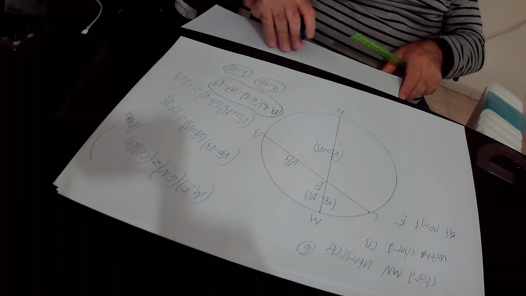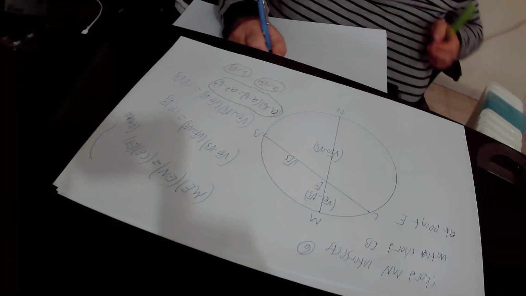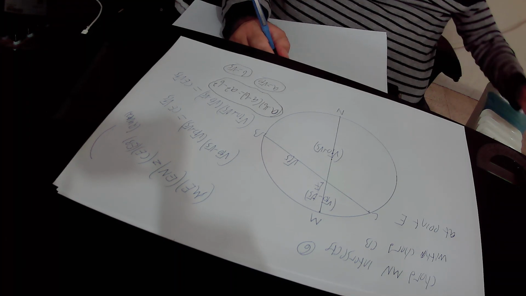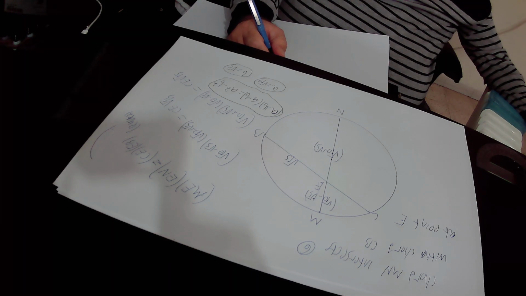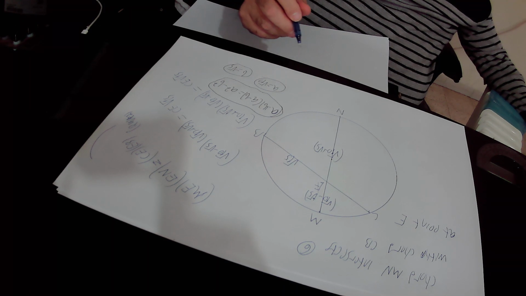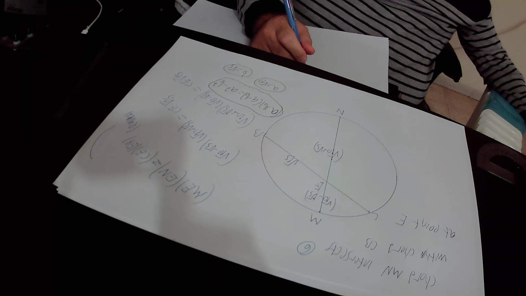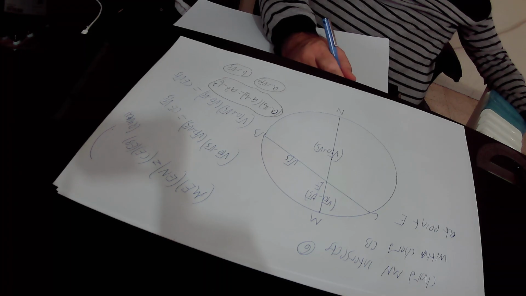Therefore, if A equals the square root of 10, it means that A squared is 10.